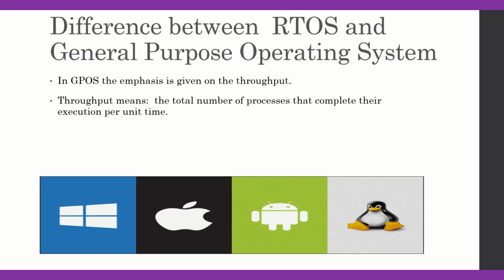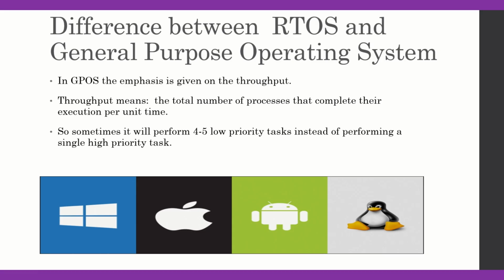The throughput is the total number of processes that complete their execution per unit of time. So sometimes the scheduler will perform 4 or 5 low priority tasks instead of performing a high priority task, to increase the throughput. So the emphasis is given on the throughput instead of the priority.